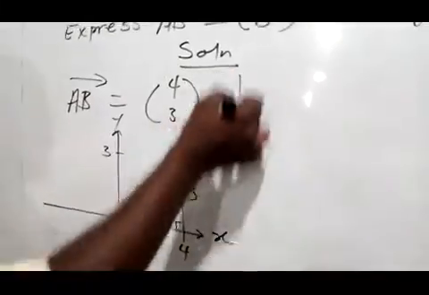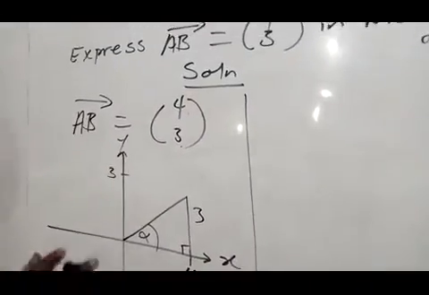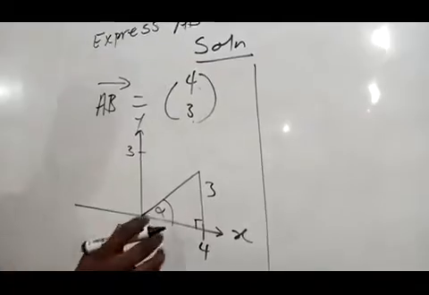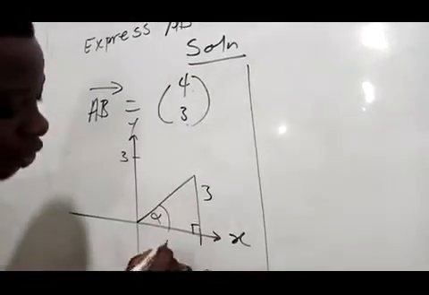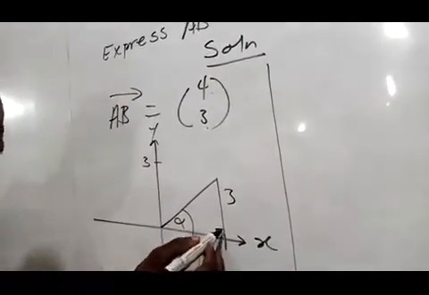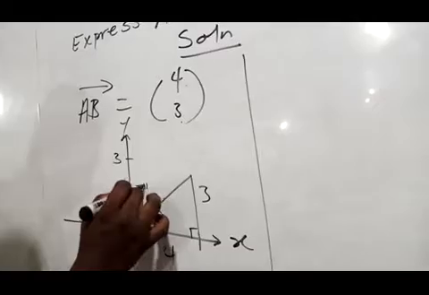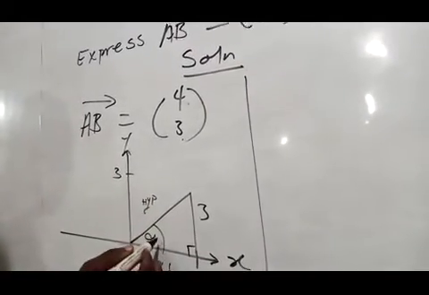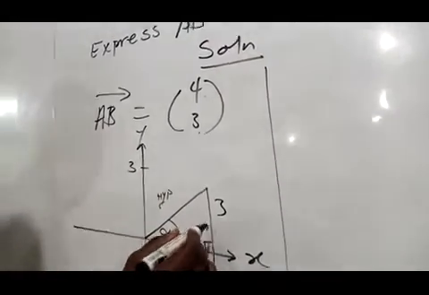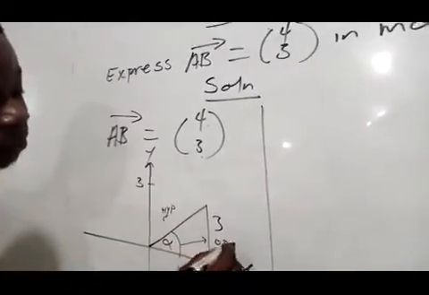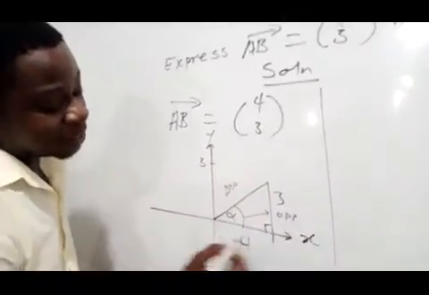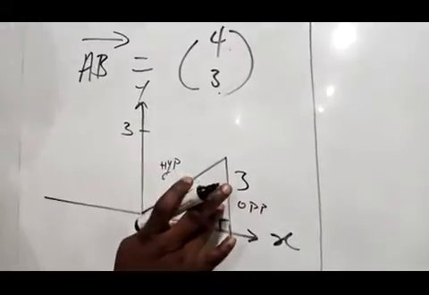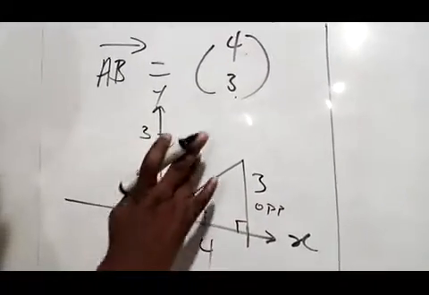We have already gone through trigonometry, so you should know how to deal with them. This being the 90 degrees makes this side the hypotenuse, right? This is the angle we are dealing with, so it makes this side the opposite. Then automatically this becomes the adjacent. That is just a quick reminder of the trig ratios.